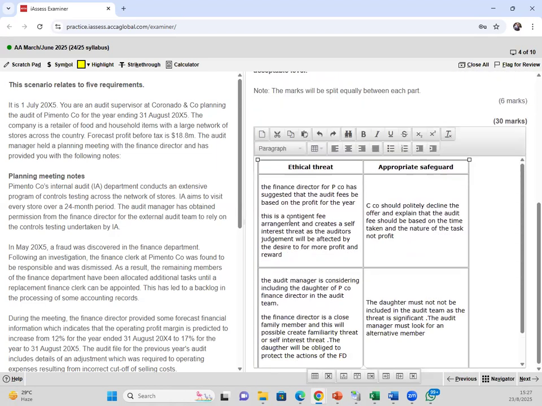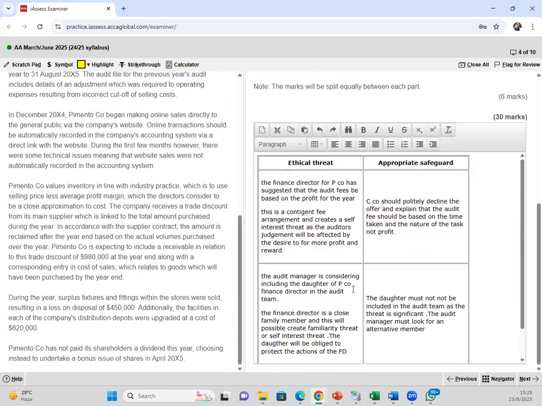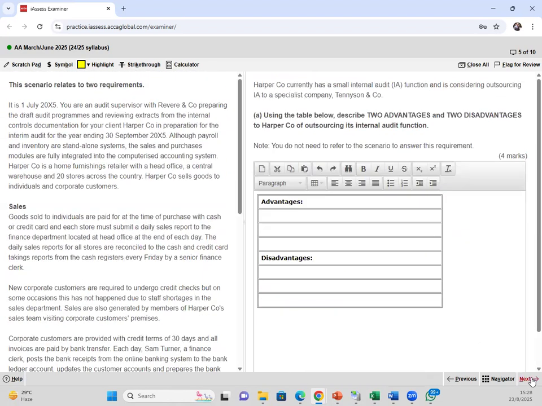Small one. A Harper company currently has a small internal audit function and is considering outsourcing the internal audit to a specialist company, T Company.